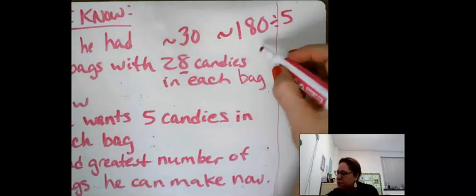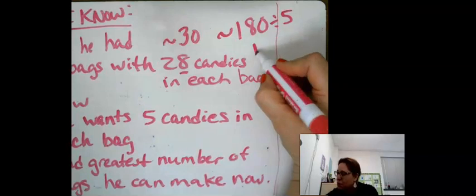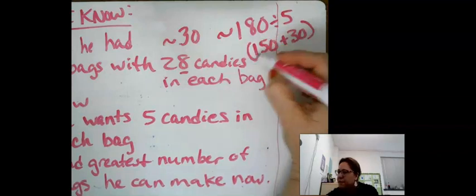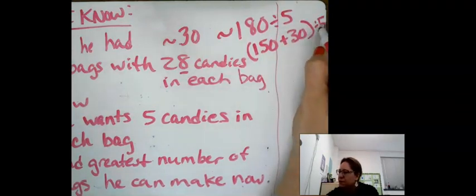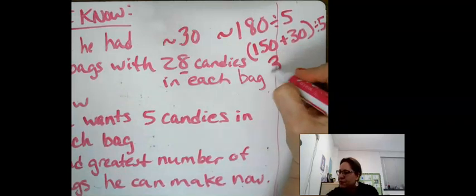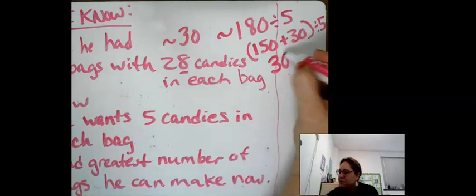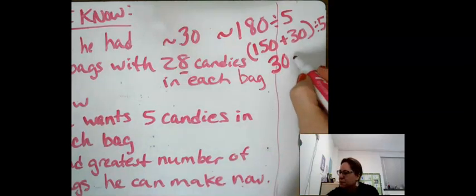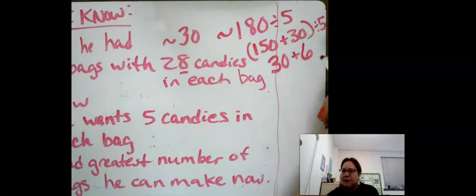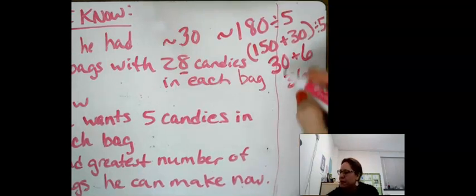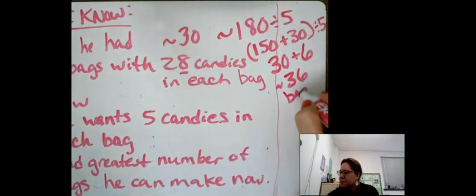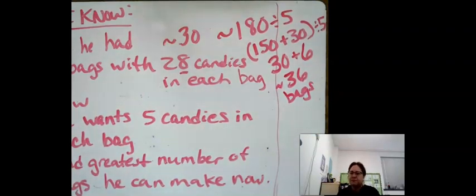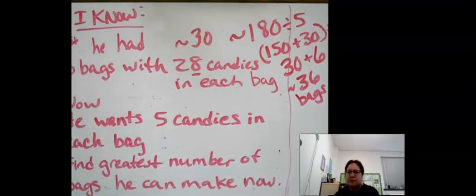So if I split this into, let's say, 150 and 30, and I divide each of those by 5, I know that 5 goes into 15 3 times, so 5 goes into 150 30 times, and then I know that 5 goes into 30 6 times because 5 times 6 is 30. So he's going to be able to make approximately 36 bags this next time. Does that make sense? Okay, good.